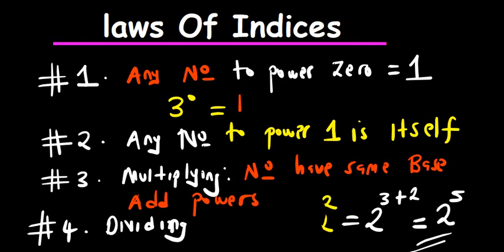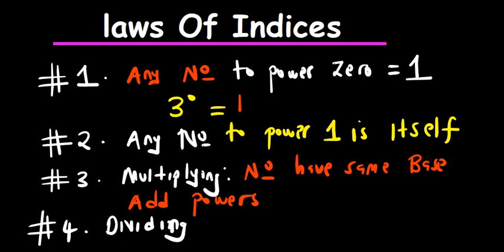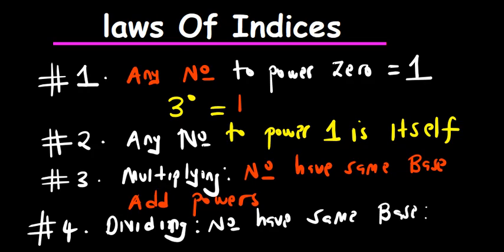Every time you are dividing, when you divide the powers with the same base, so the base should always be the same, these numbers have the same base, you are subtracting the powers. So we're going to say subtract powers.